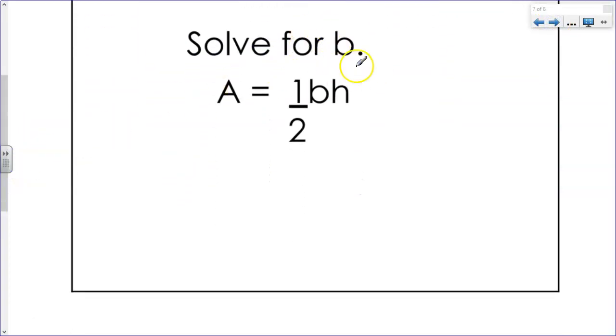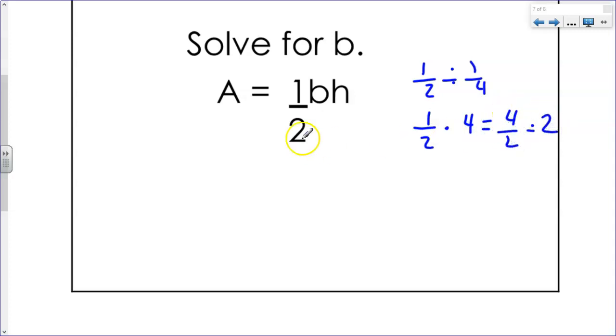All right, number 7 here. We're going to solve for b. So this is 1/2 times b times h. Now we could divide by a half, but that makes it really crazy. If you remember when you do 1/2 divided by a 4th, you would change this to multiplication and do the reciprocal. So the same thing here. Instead of dividing by a fraction, we're going to multiply by the reciprocal, which in this case is 2, on both sides.